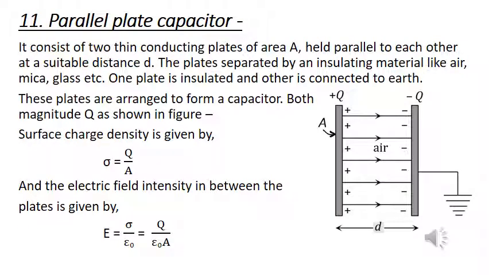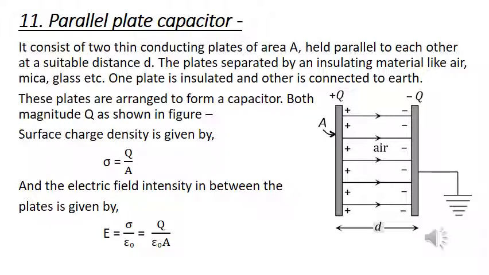Next topic is the parallel plate capacitor. In this, we will study the construction of a parallel plate capacitor and then derive the formula for its capacity. And finally, we will discuss the dependence of capacity on different factors. So firstly, its construction.